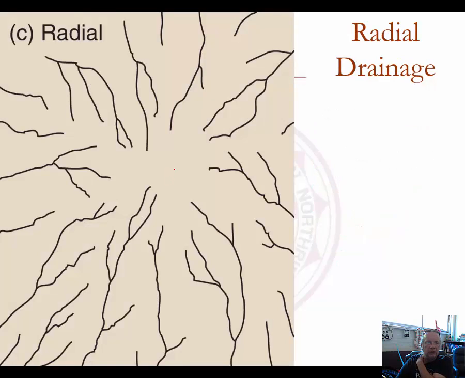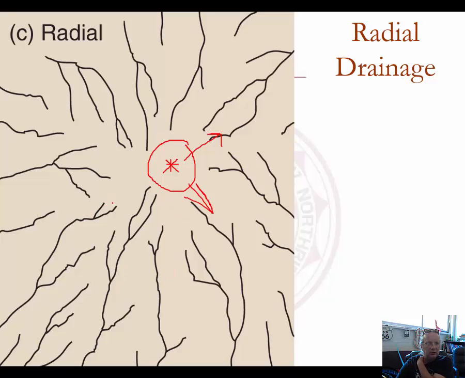A radial drainage system would be found around a mountain. So here, where I'm drawing this X, is the peak of the mountain, and all of the water that would fall, or snow that would fall here, would begin to run off in various directions away from the peak of the mountain.